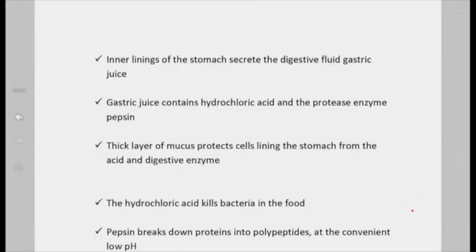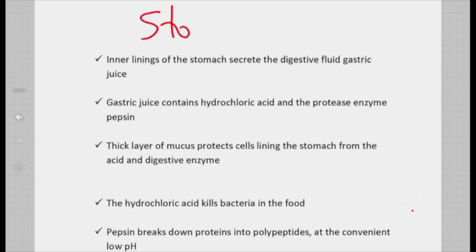So that's the role of the pancreas. It is important to know the role of the pancreas and the role of the liver with regards to the digestion of food. Having said all that, let's look at the digestion process in the stomach in notes format.